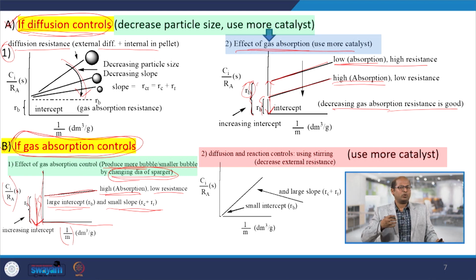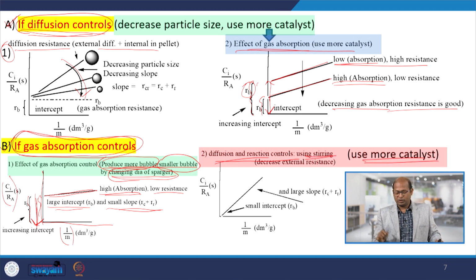So then more and more gas will be absorbed in the system. At the same time, the bubbles that form in the liquid would have a smaller diameter, and more bubble formation would take place. In that way we can decrease the gas absorption resistance for that system. Okay. Another option is diffusion reaction control using stirring also.